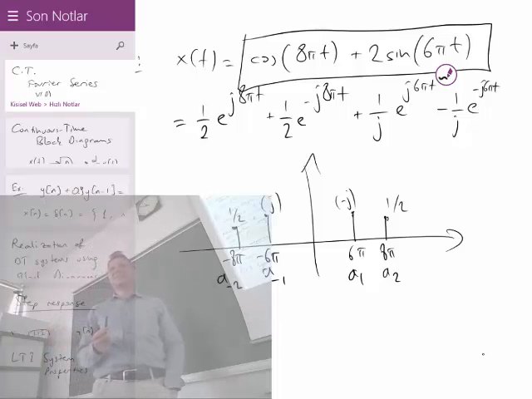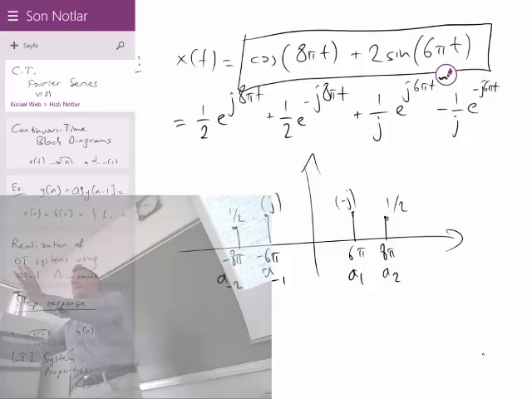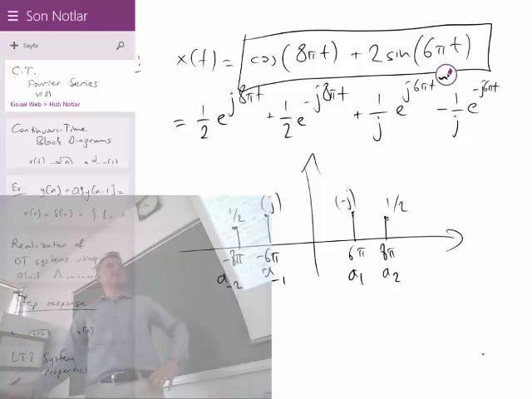A frequency is something where this signal segment identically repeats itself. Not approximately. It must be precisely repeating itself. This is a periodic signal.